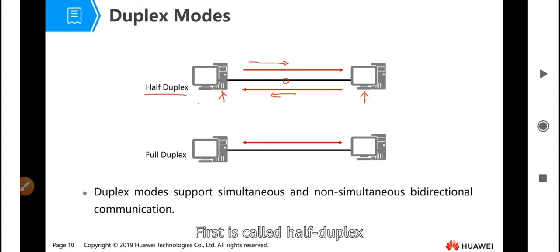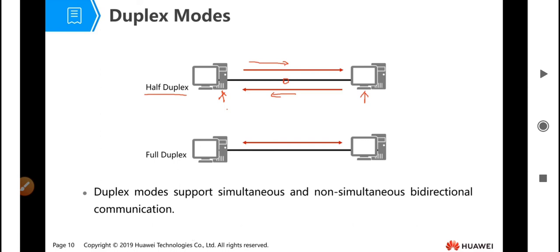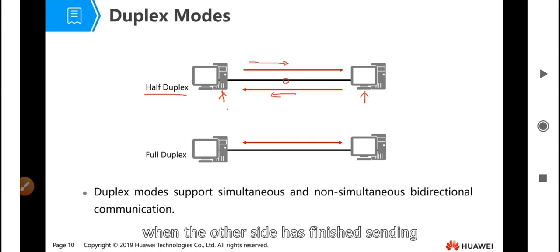First is half duplex. Half duplex means only one side can send data at one time. I can send and I can receive, but when the other party is sending, I must hold. When the other side has finished sending, then I can begin to send data to the other side. This is half duplex.